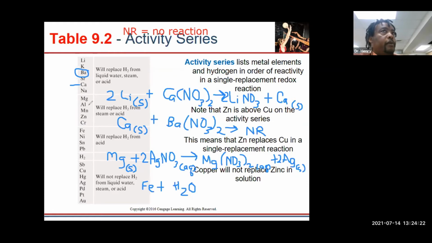So magnesium will be able to replace hydrogen if it's steam or an acid. Barium will be able to replace hydrogen if it's from liquid water, steam, or an acid. Iron will be able to replace hydrogen if it's from an acid. So, will iron be able to replace water? No. So then it would be no reaction.